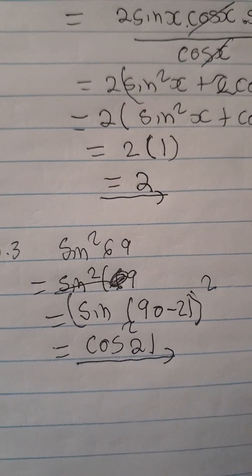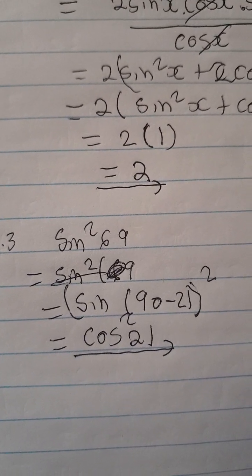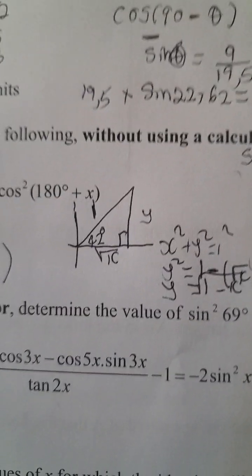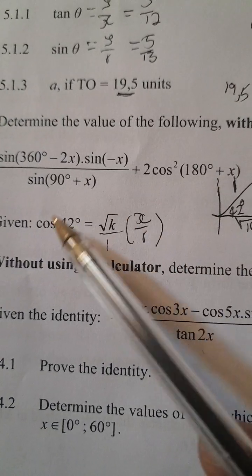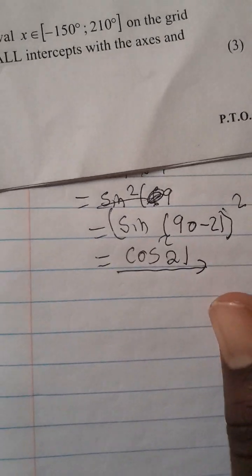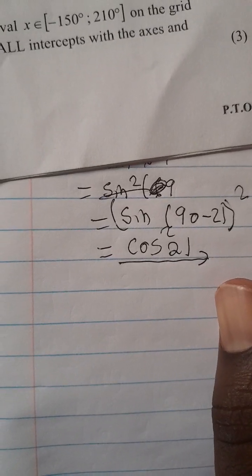And mind you, guys, these people are too clever, no? They said cos 42. We're given cos 42, and we have cos squared 21. That means it might be a double angle.